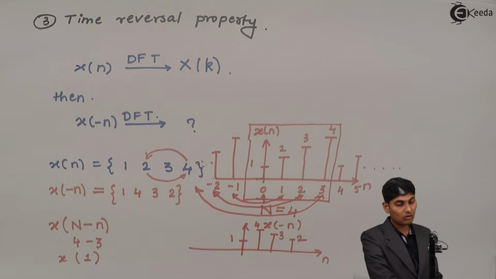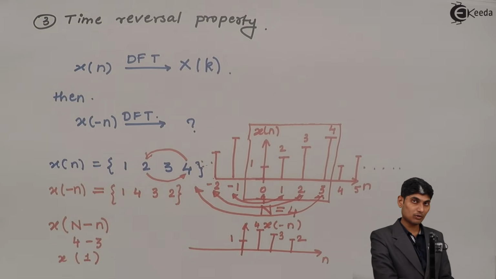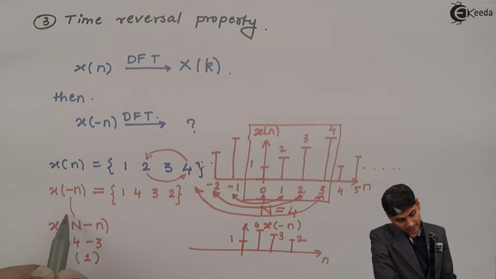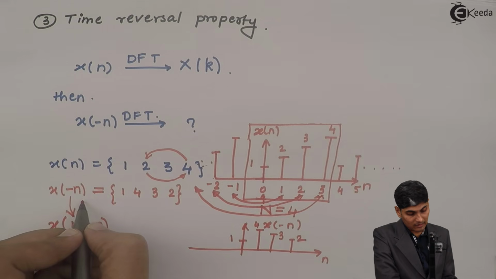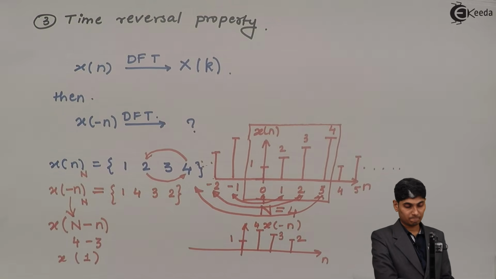So the third position is interchanged with the first position. The second position will remain with the second position, and the third position will be shifted with the first position. So I can also write x of -n as x of N minus n, since the signals are periodic with period capital N.